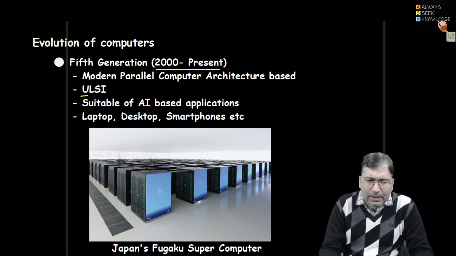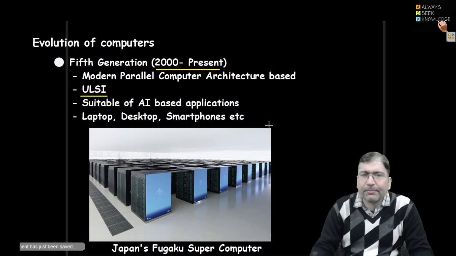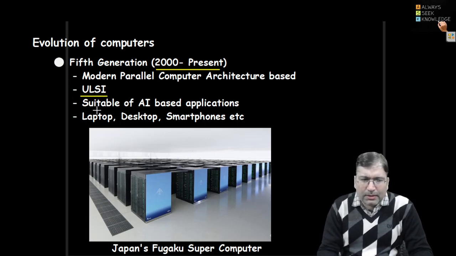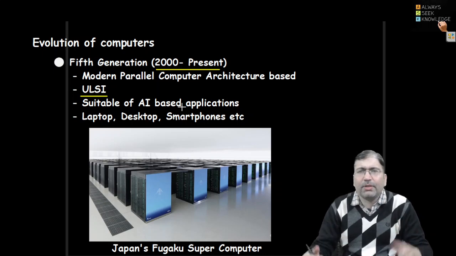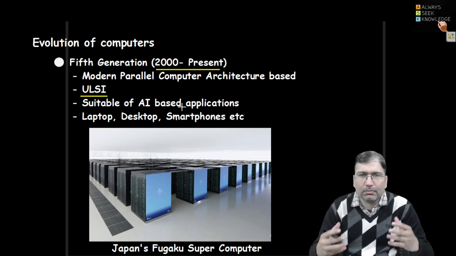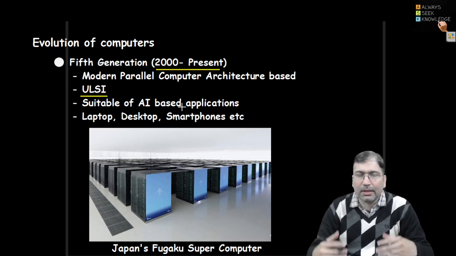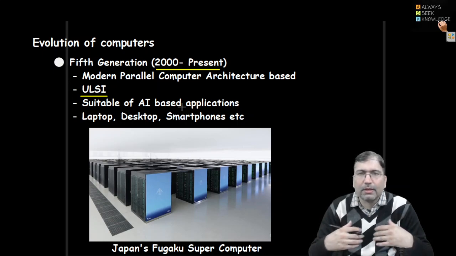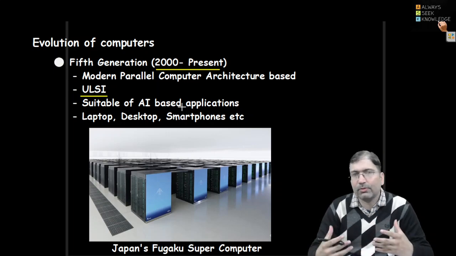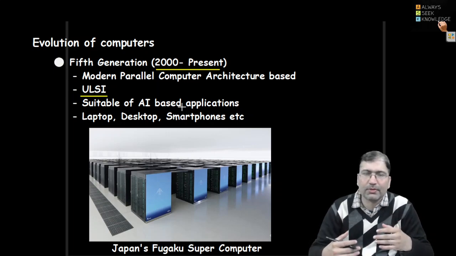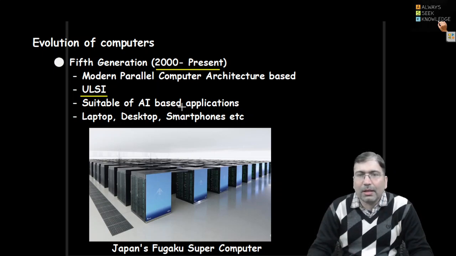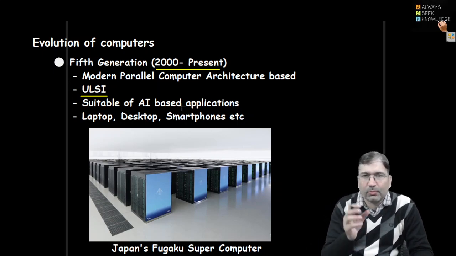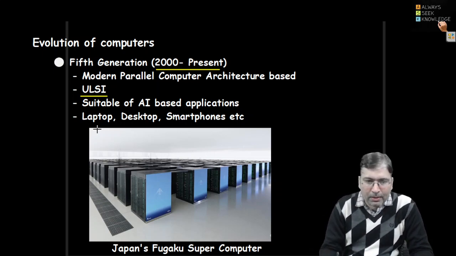They use ultra large scale integration, and they are suitable for very heavy tasks like AI based operations, natural language processing, or a number of complex machine learning concepts, which can be done on these computers within some fraction of time.